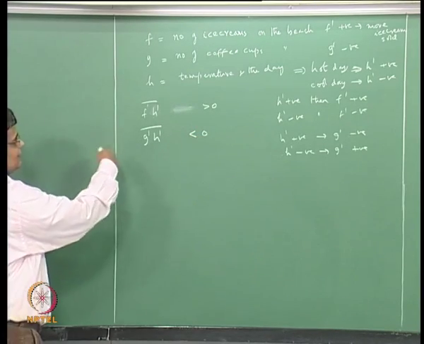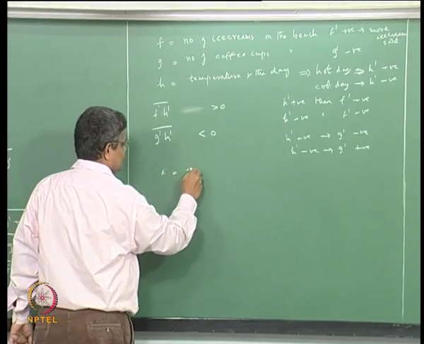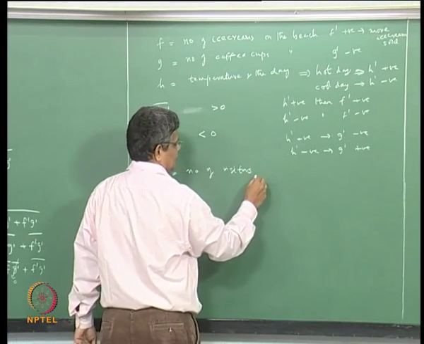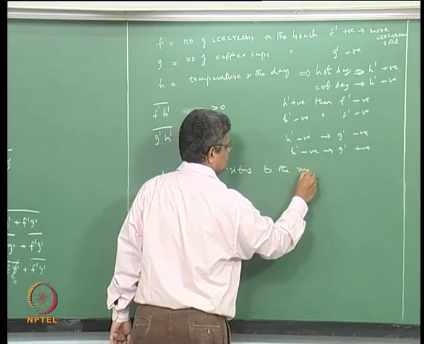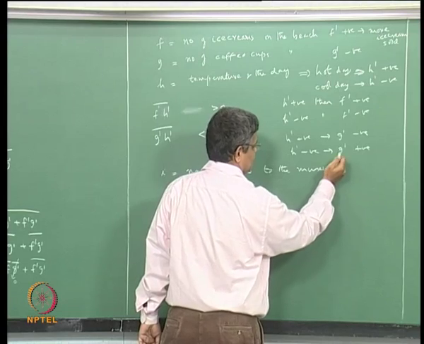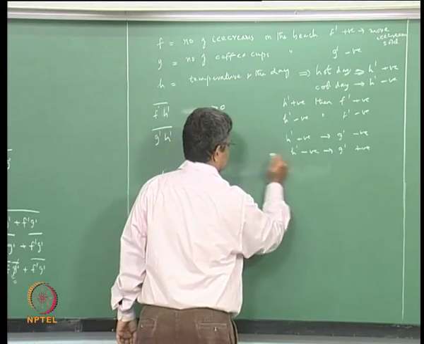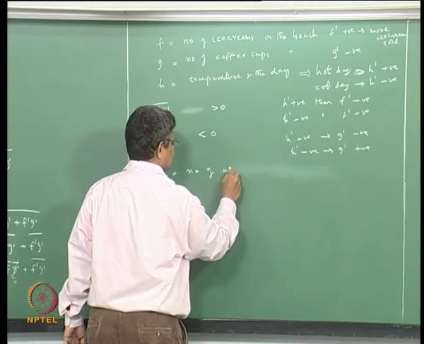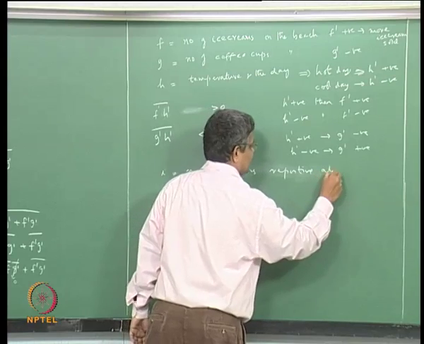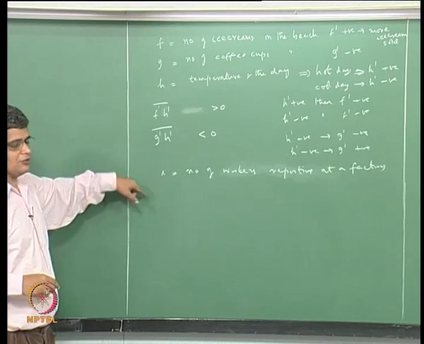If you now think of a different quantity like I, the number of visitors to the museum, or the number of workers reporting at a factory, even this I is going to change from day to day.